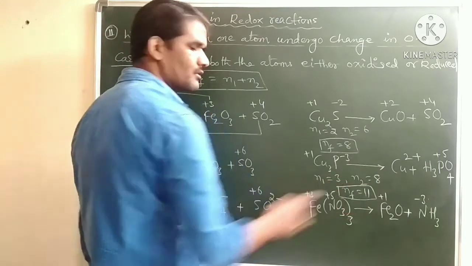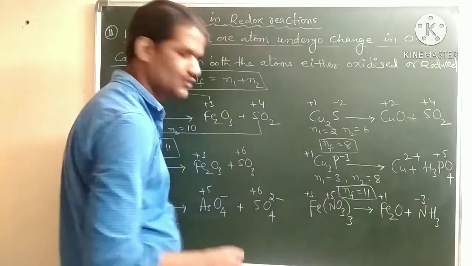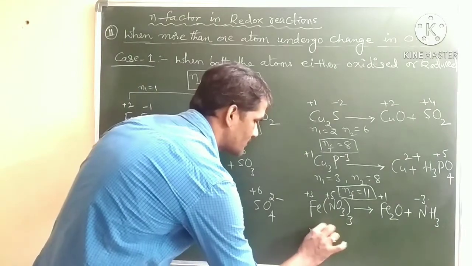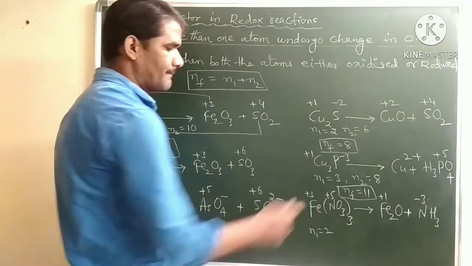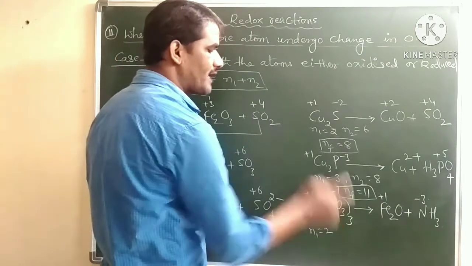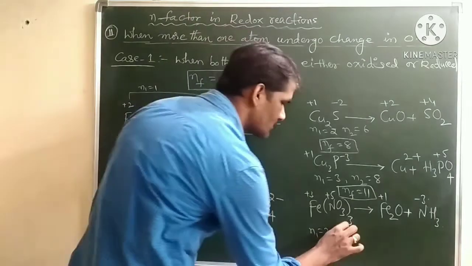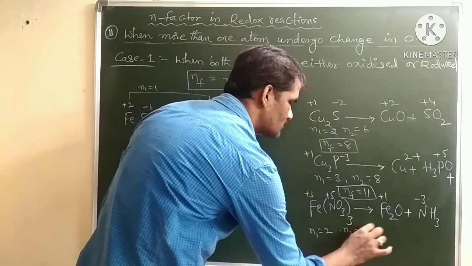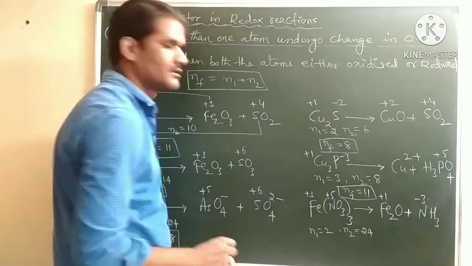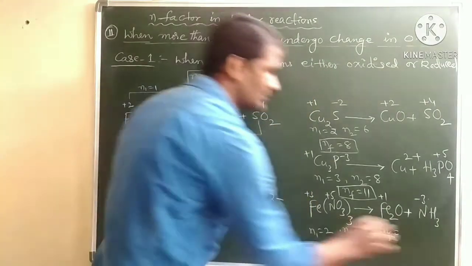So here both are decreasing in oxidation state. +3 to +1, 2, so N1 is 2. +5 to -3, change is 8, but 3 nitrogens are there here, again 8 into 3, 24. So N2 is 24. So resultant n factor 24 plus 2, 26.